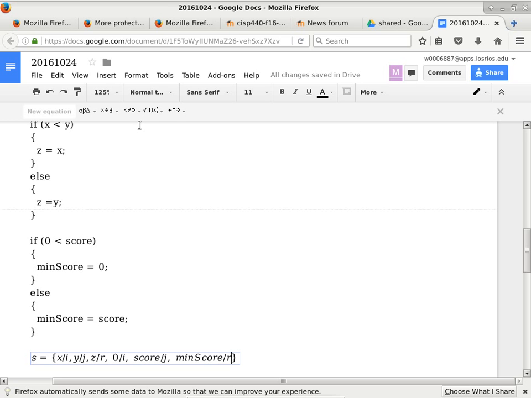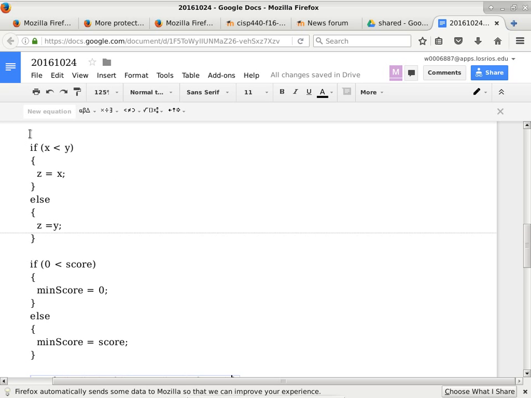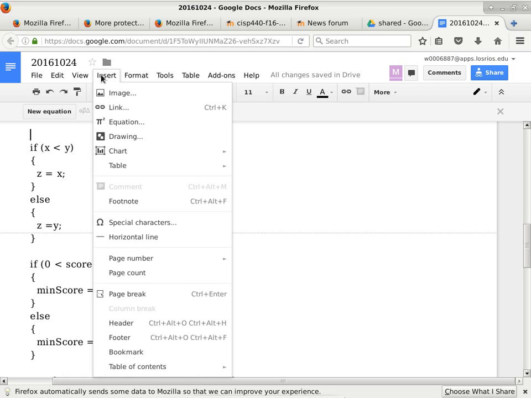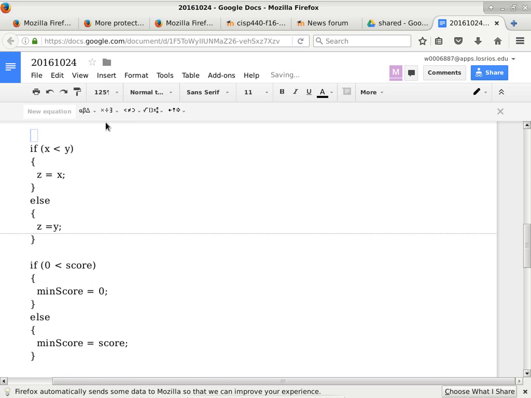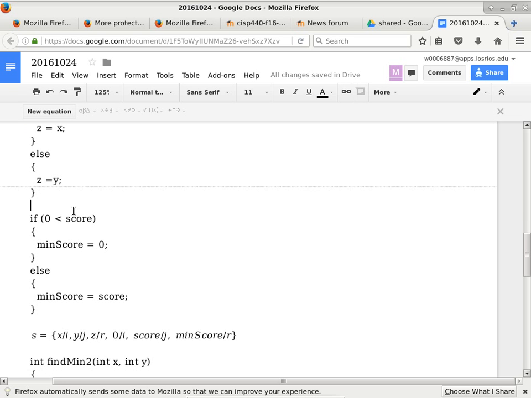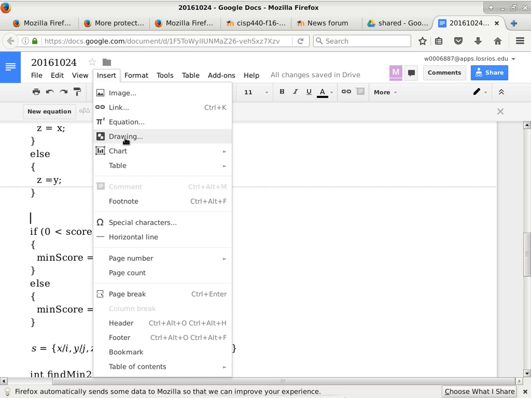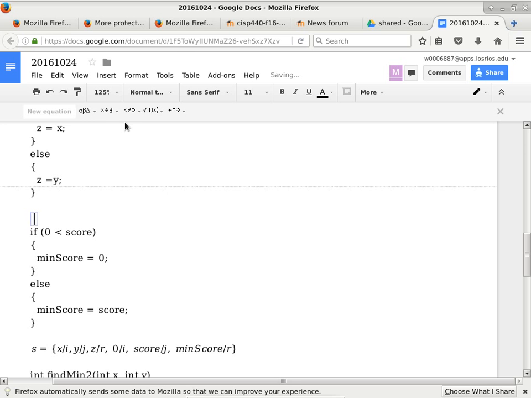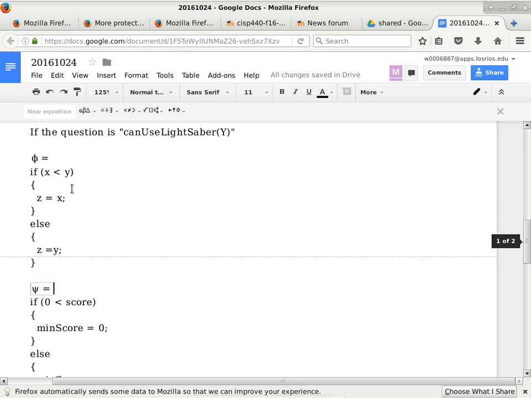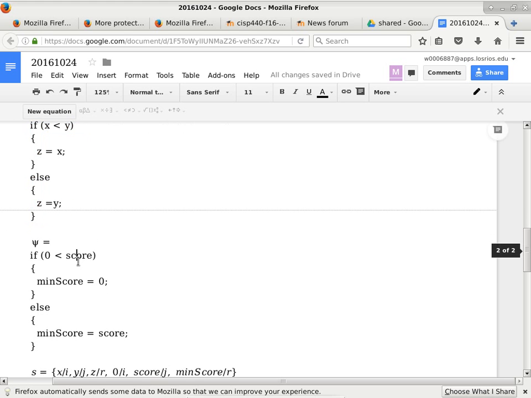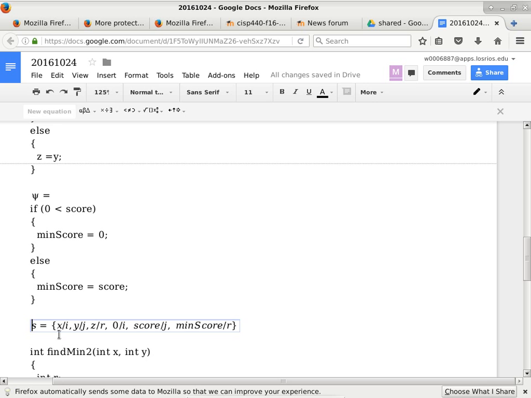So now, if I call the first chunk of code, let's go ahead and define this one as phi. Okay, phi equals blah blah blah, this chunk of code. And then I look at this chunk of code and say, let's call that a different name. Let's call that psi. There we go. Is that okay? So phi is this chunk of code. Psi is this chunk of code. This is my substitution.